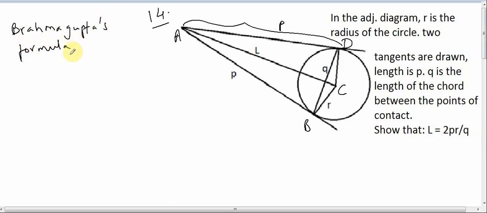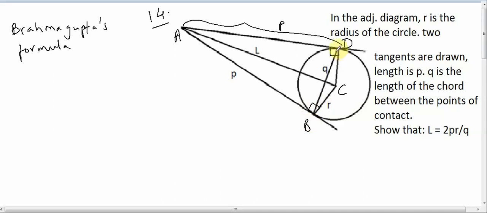Brahmagupta's formula for the area of a quadrilateral applies only to cyclic quadrilaterals, and quadrilateral ABCD is indeed a cyclic quadrilateral, because you see this angle is 90 degrees and this angle is also 90 degrees. Reason: the tangent and the radius both make an angle of 90 degrees at the point of contact.